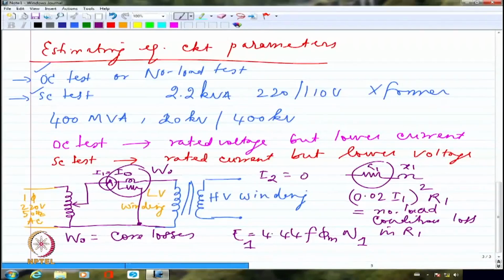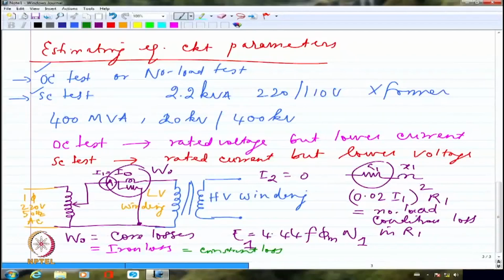or no load loss. The core loss incidentally is also called iron loss, and it may also be called constant loss. Constant loss we call it because we assume that if the transformer is rated for 50 Hertz and 400 volts, it will always be operated at 400 volts and 50 Hertz.